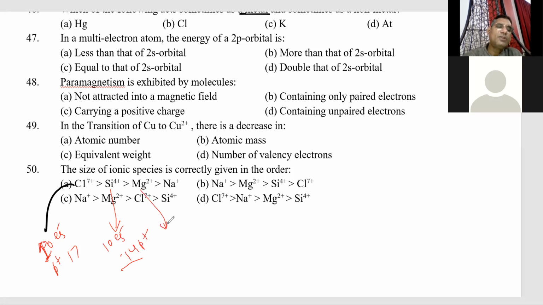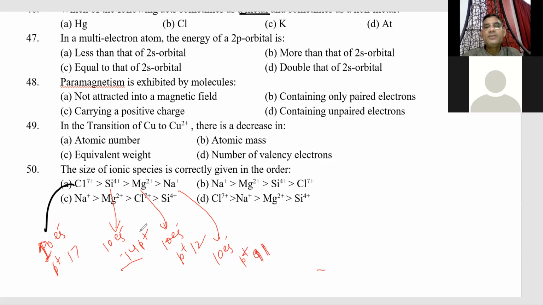In this case also 10 electrons, and protons will be 12. This also has 10 electrons, and protons will be 11. Since electrons are the same, don't discuss electrons. Electrons are not the deciding factor. Just talk about protons. More the protons, smaller will be the size.